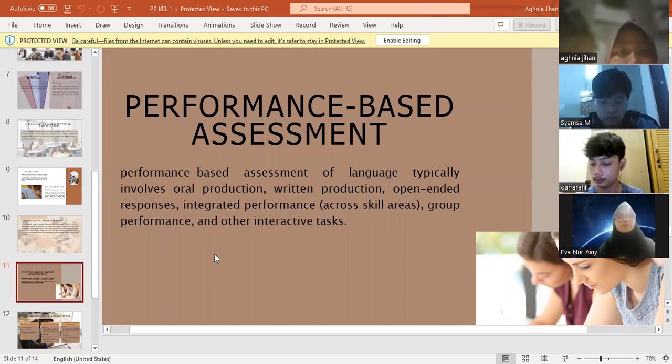So this is about performance-based assessment. Performance-based assessment of language typically involves oral production, written production, open-ended responses, integrated performance across skill areas, group performance, and other interactive tasks.